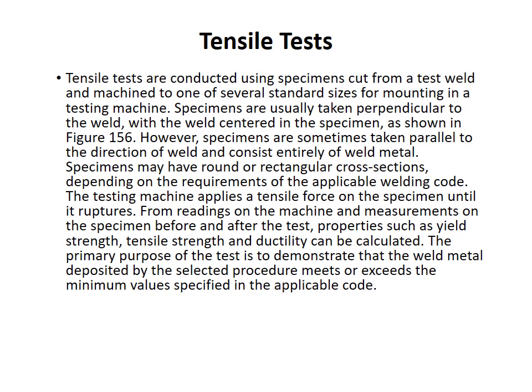The primary purpose of the test is to demonstrate that the weld metal deposited by the selected procedure meets or exceeds the minimum values specified in the applicable code. So basically, you're making a weld and then you're taking a slice out of that weld and machining it down, putting it in a tensile tester, pulling on it and making sure that the strength of the weld metal is equivalent or higher than the base metal.